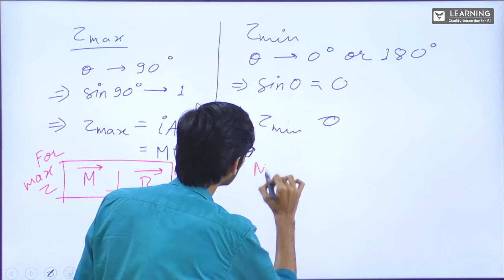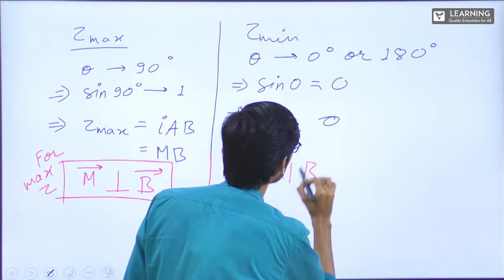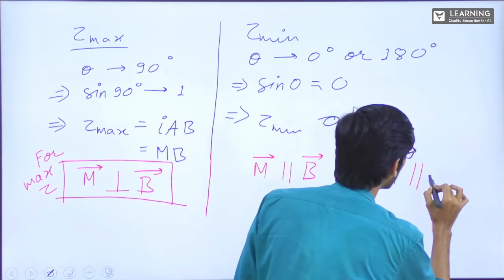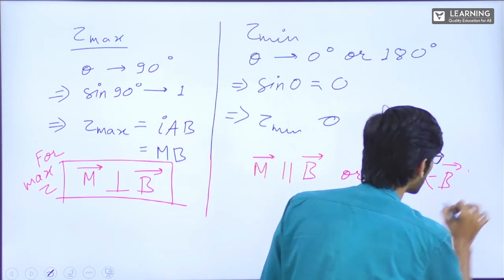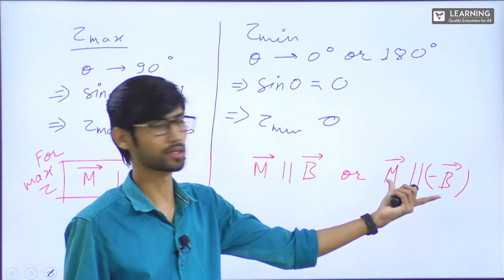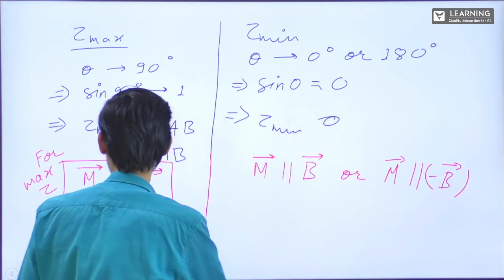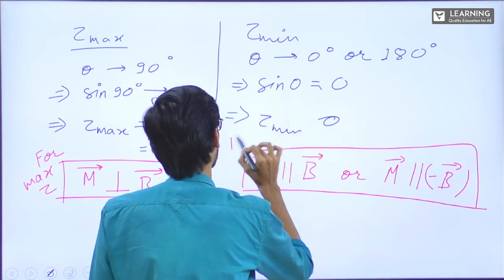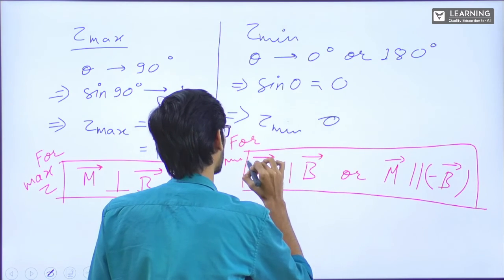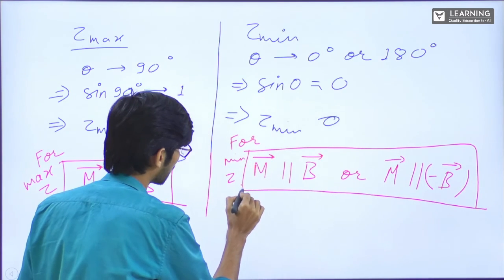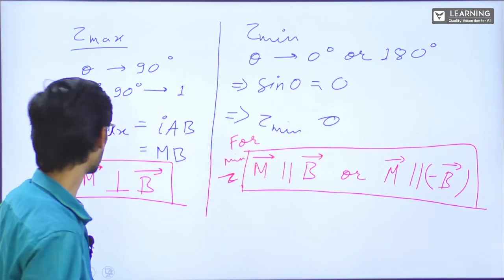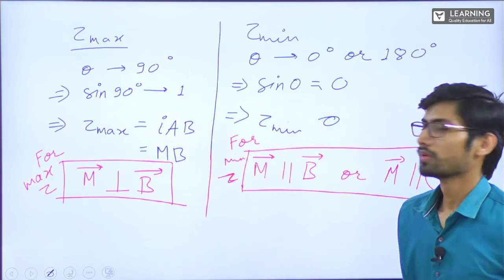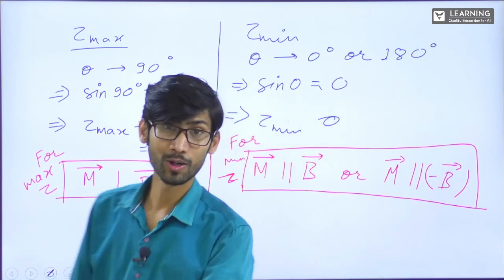Here, M vector is parallel to B vector, or M vector is parallel to minus B vector. Very simple, correct? This means anti-parallel basically. So this entire thing is for minimum torque. Note down. Done? All right. Now, next.